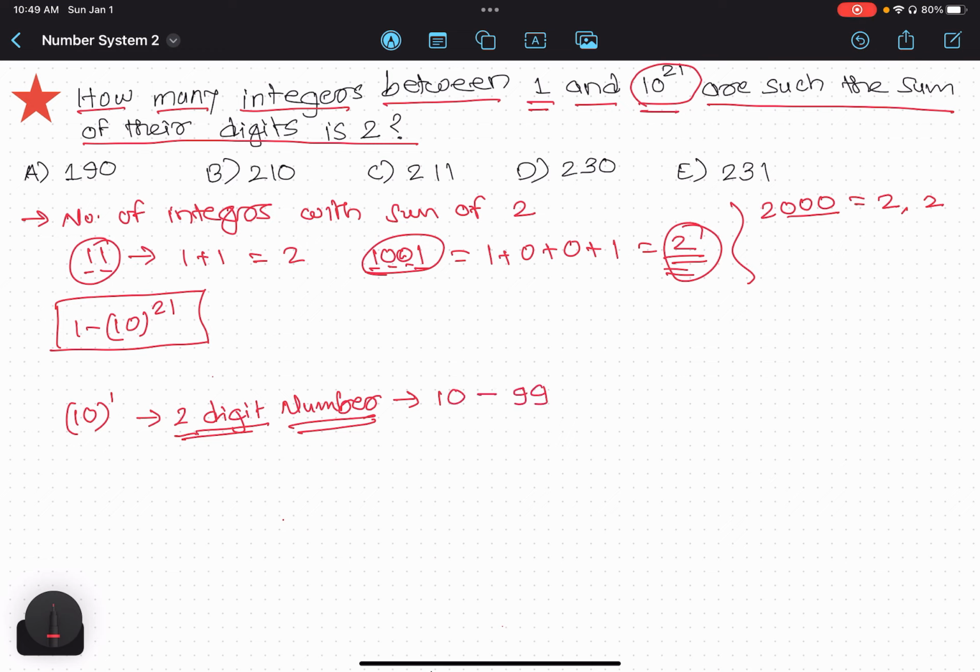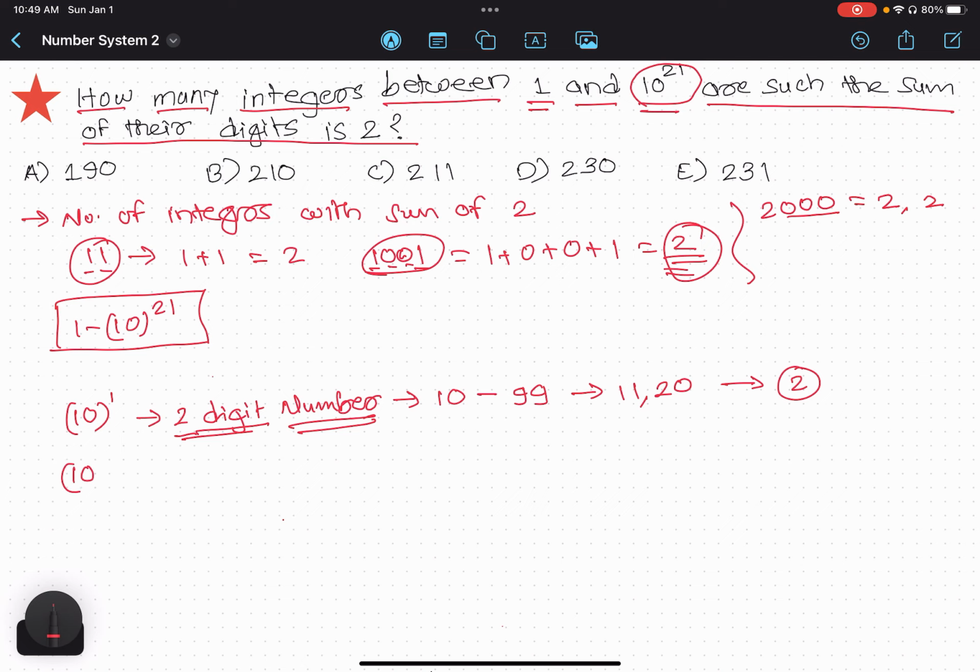Between 10 and 99, how many times is the sum of the two digits equal to 2? One is 11, and the second is 20. After that it's not possible because the number will keep increasing. So here the occurrence of sum 2 is 2.